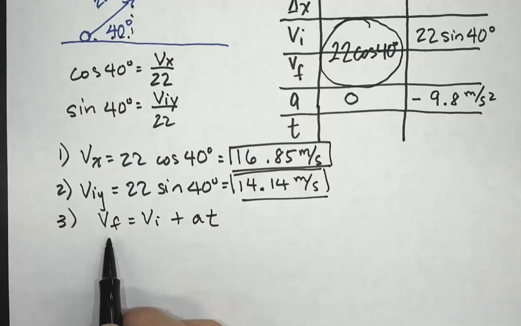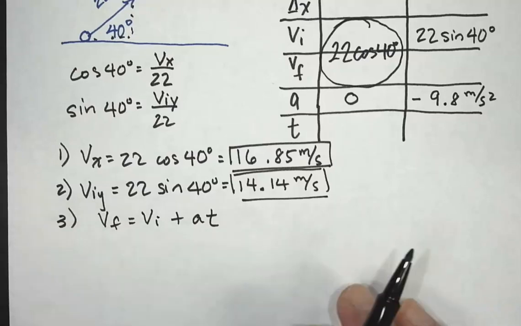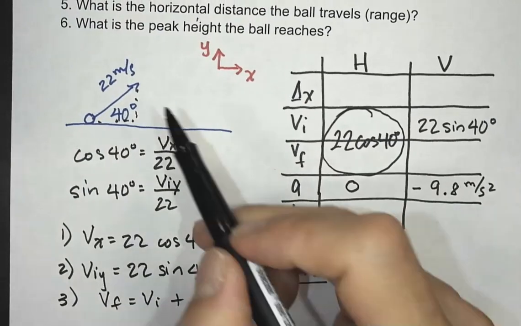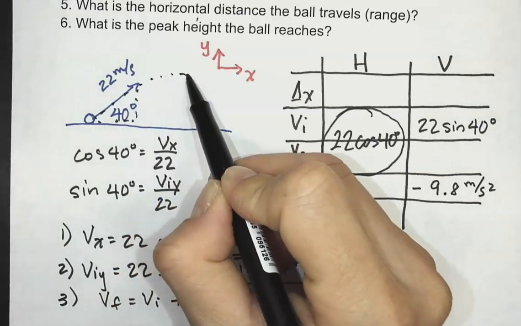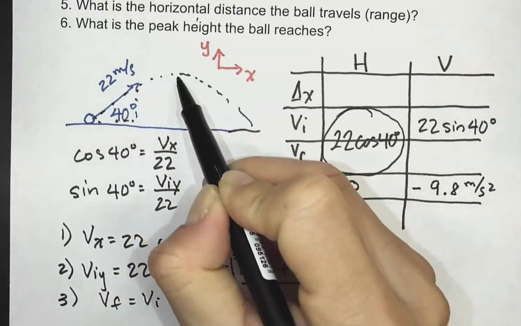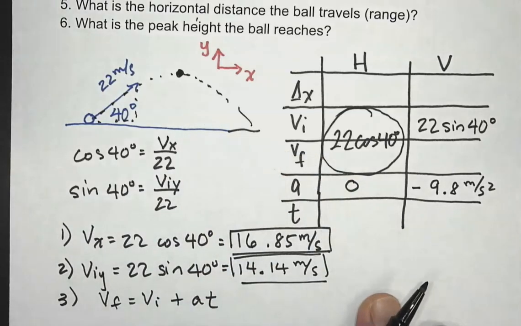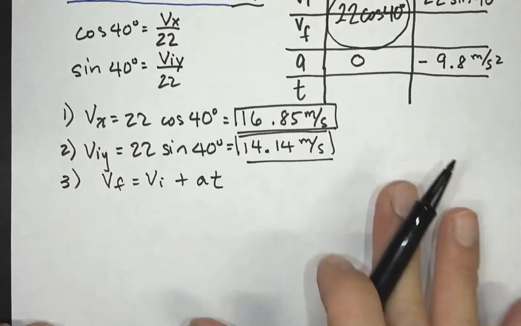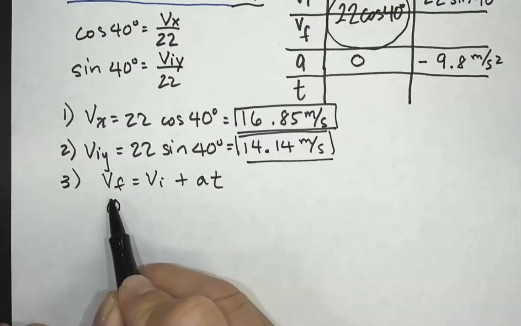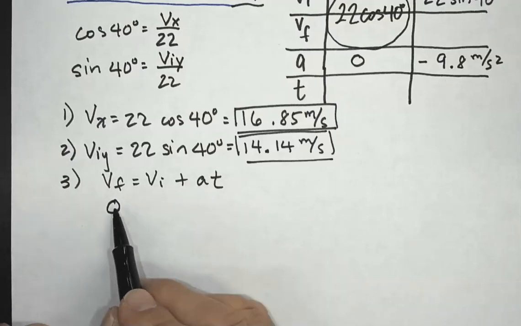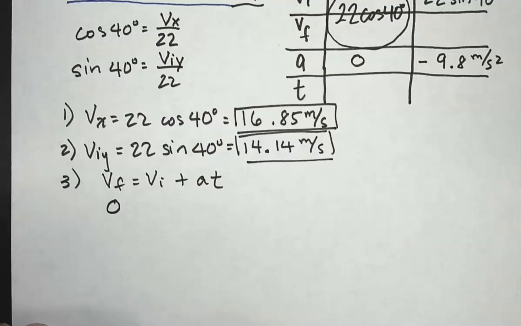Now we're looking for the peak trajectory. So say this ball goes all the way up and then comes back down. So the peak is going to be up here. This is the peak right here. At that point, vertically, the velocity is 0. So I am looking at when it's launched up to the peak, not when it comes back down, but just at the peak, at the highest point.